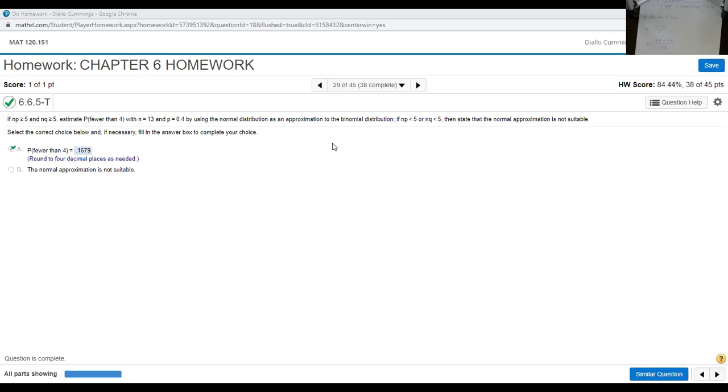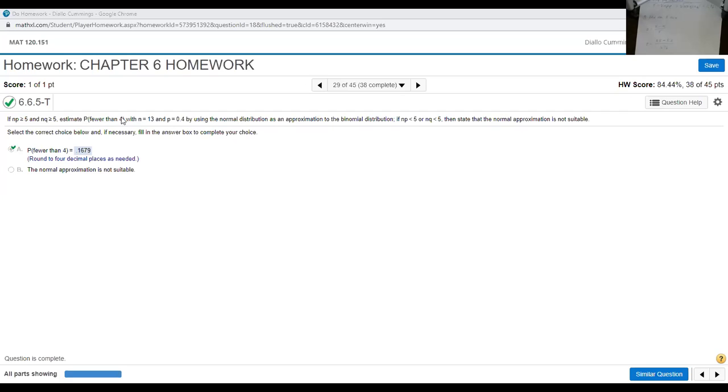Now, in order to calculate the z-score, since we're finding an estimate fewer than 4.5, so if I go back to our slides for just a second, okay, if we look at this fewer than 152, that's finding the area to the left, so we subtract 0.5 for the continuity correction.